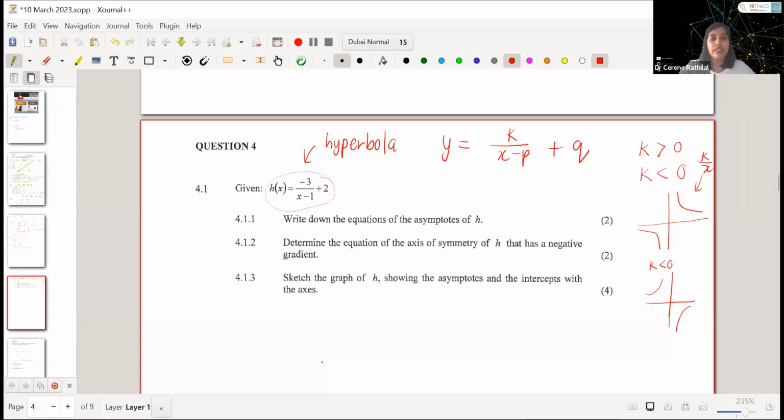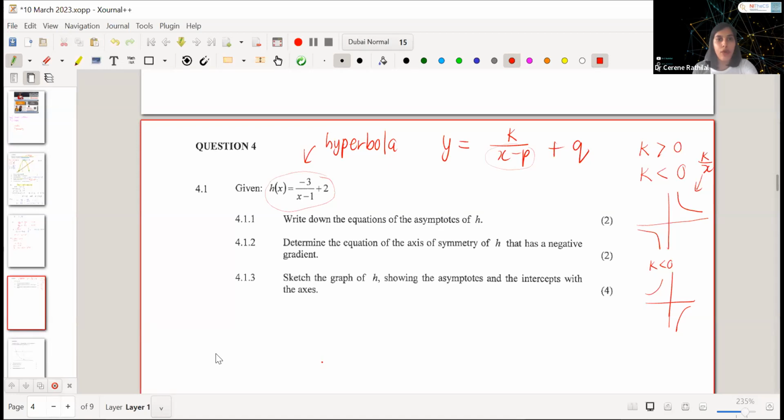Now it says we want the asymptotes. We've got lots of responses, and someone says it's going to be x equals 1 and y equals 2. Let's investigate. We actually read out the asymptote from there.